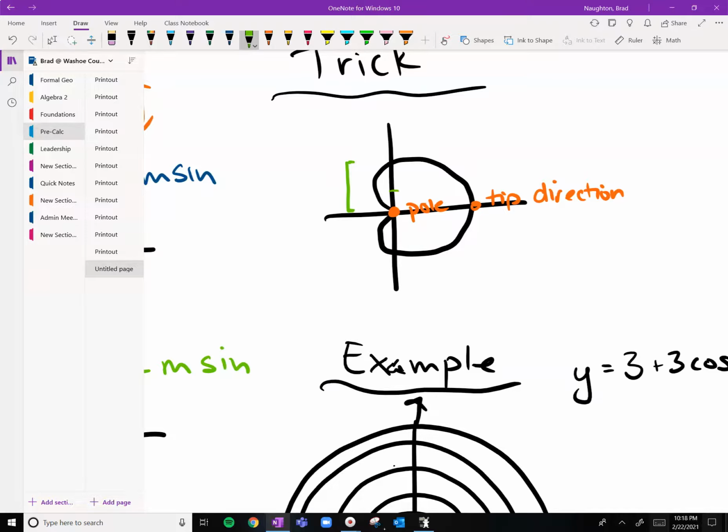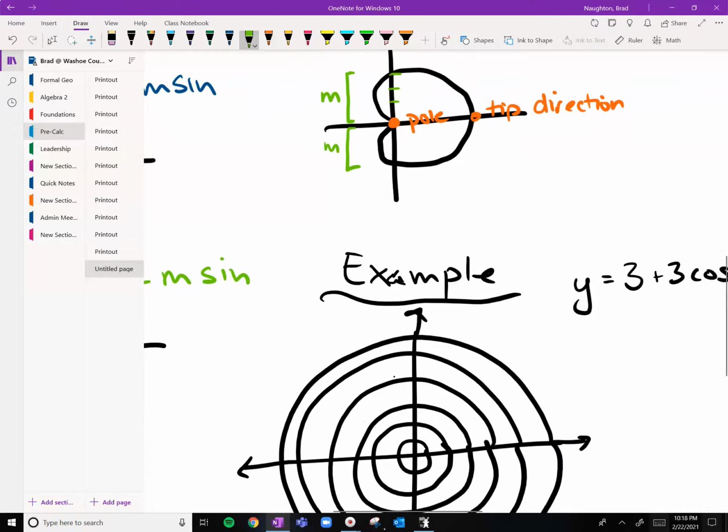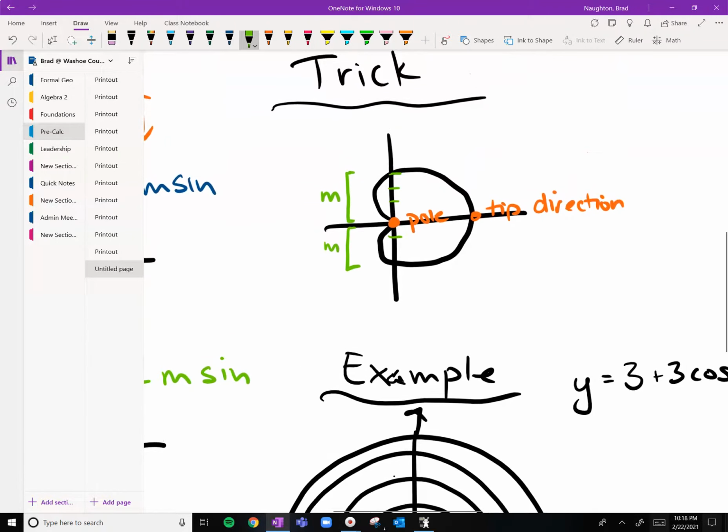From here to here is going to be whatever your M value is, and the same thing down here. So if it's a 3, as we'll see in our example, then it'd be 1, 2, 3. So you now know what those values are right off the bat, and they are going to be on this theta over 2. And then how do you find where to put this tip point?